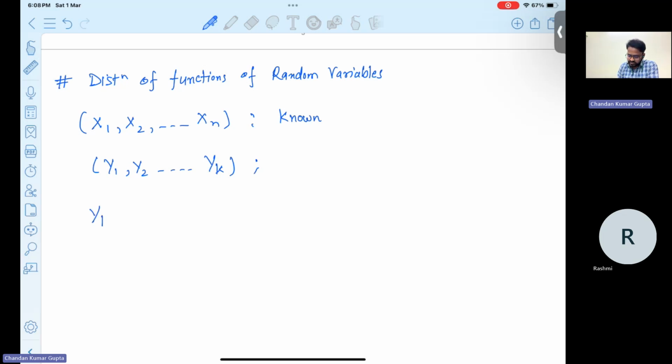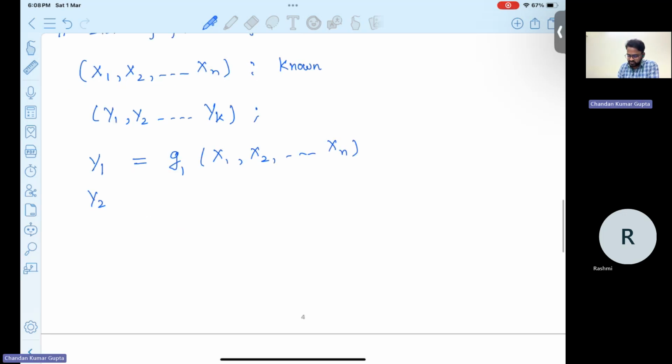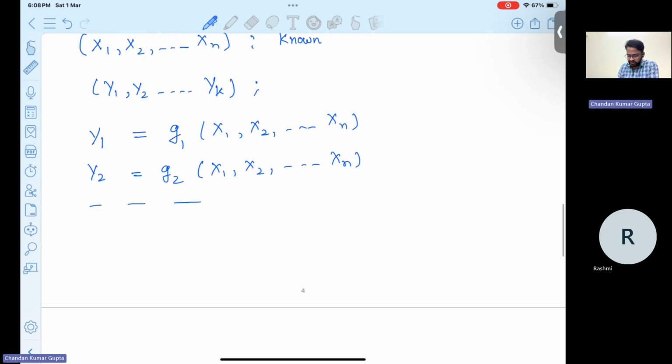Suppose the random variable y1 is defined as g1 of x1, x2 up to xn. In a similar manner, y2 is defined as g2 of x1, x2 up to xn. And in a similar manner, the random variable yk is defined with the help of the random variables x1, x2 up to xn.